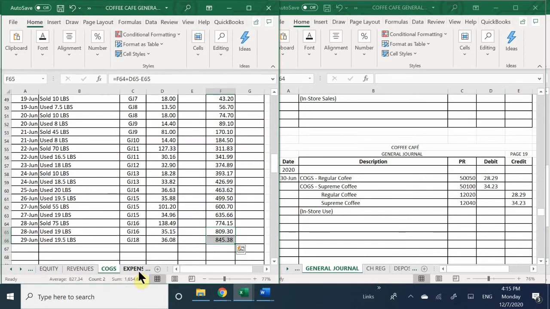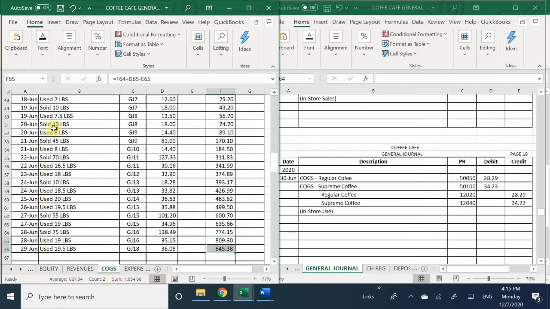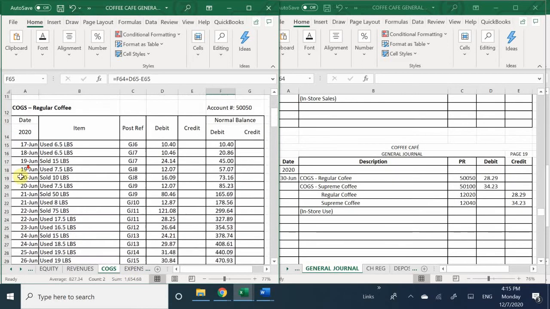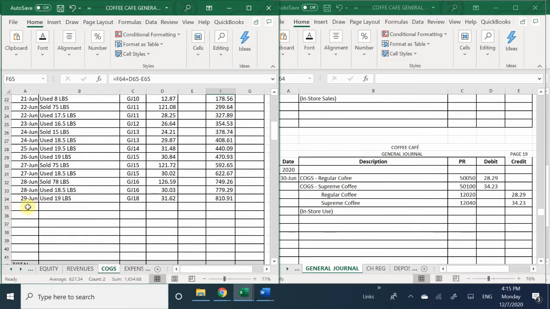And we're going to start with our cost of goods sold. You guys know the routine. 630, used 17 pounds, General Journal 19.